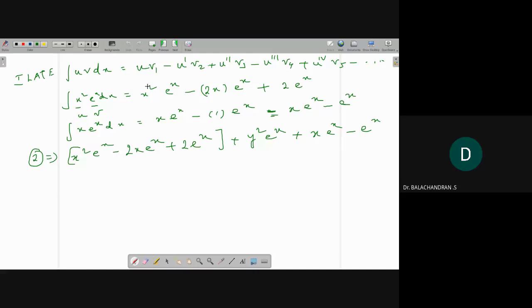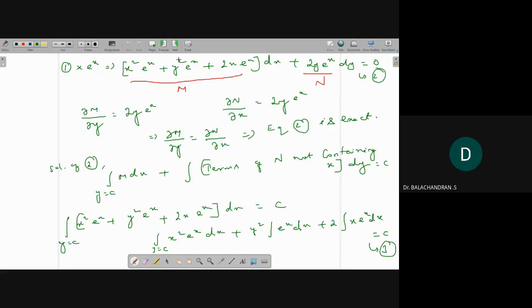What mistake have I done? Sir, without highlighting the previous step, it's in the form of e power x into f of x plus f dash of x. So that's e power x into f of x, right? Sorry, please repeat. Sir, in the third equation. Third equation, yeah.